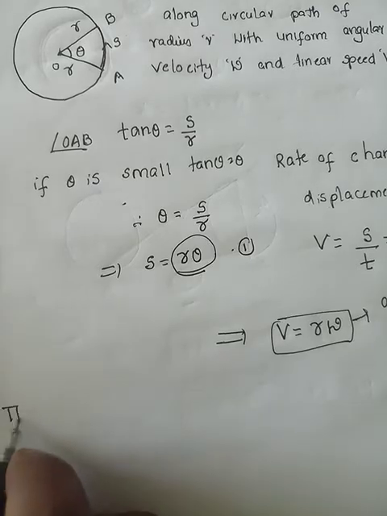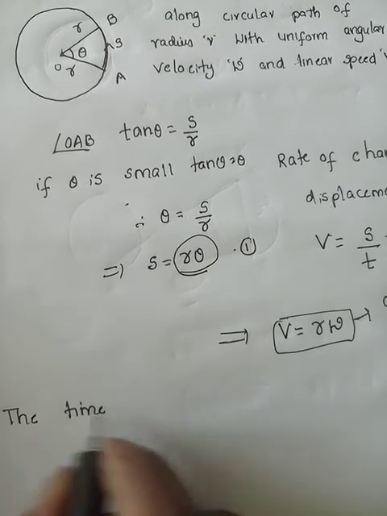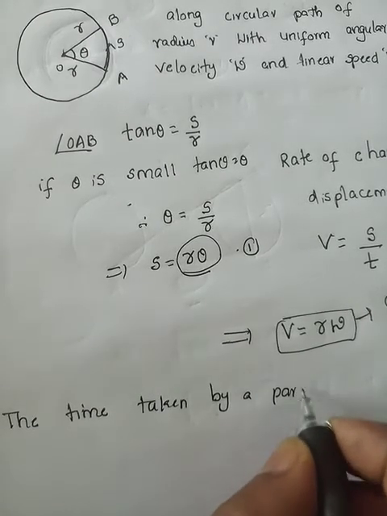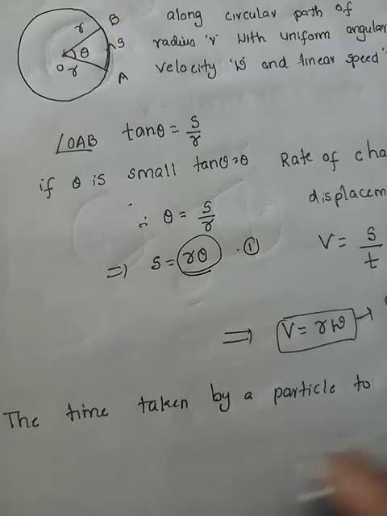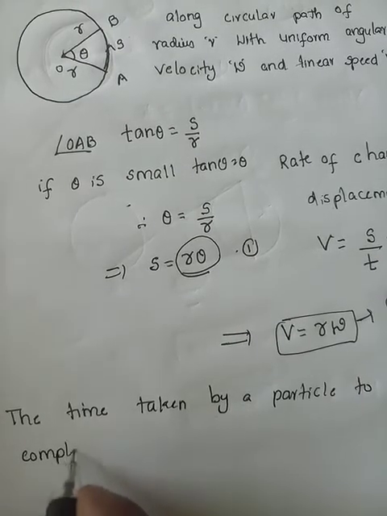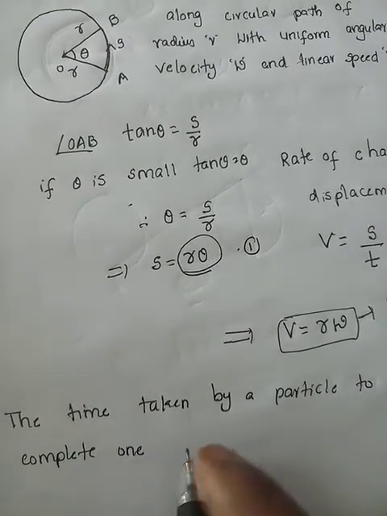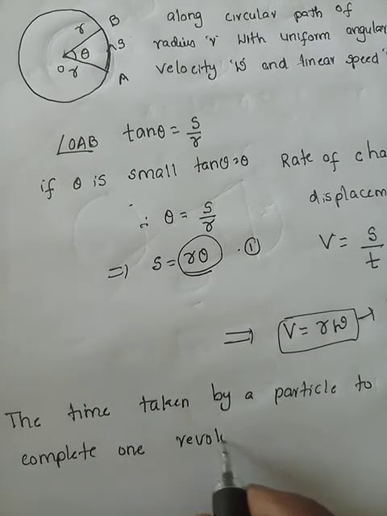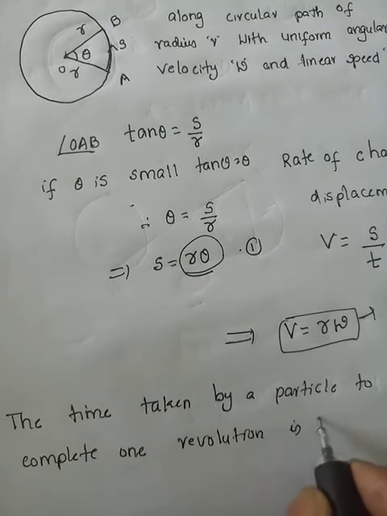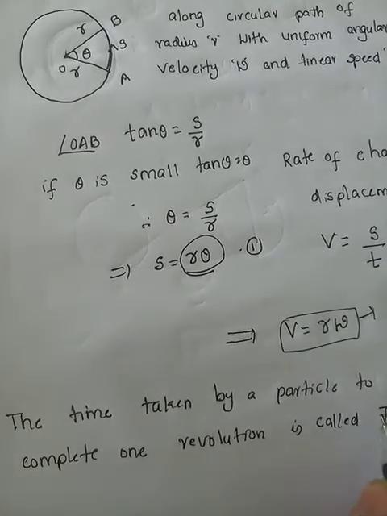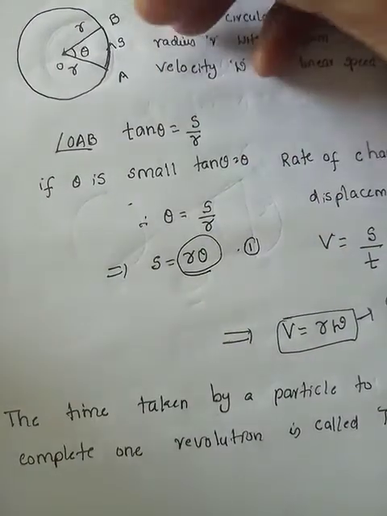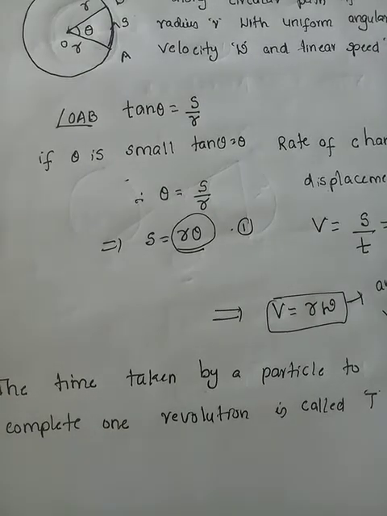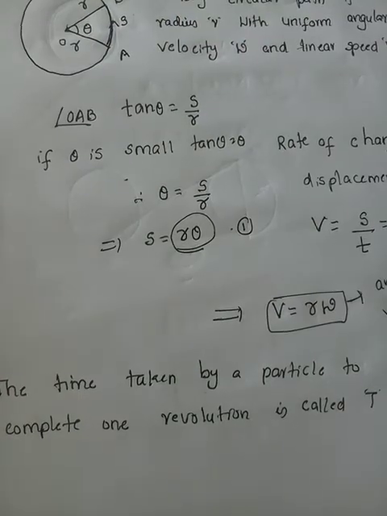The time taken by a particle to complete one revolution is called time period, capital T. For example, in 1 second it has done 10 revolutions.